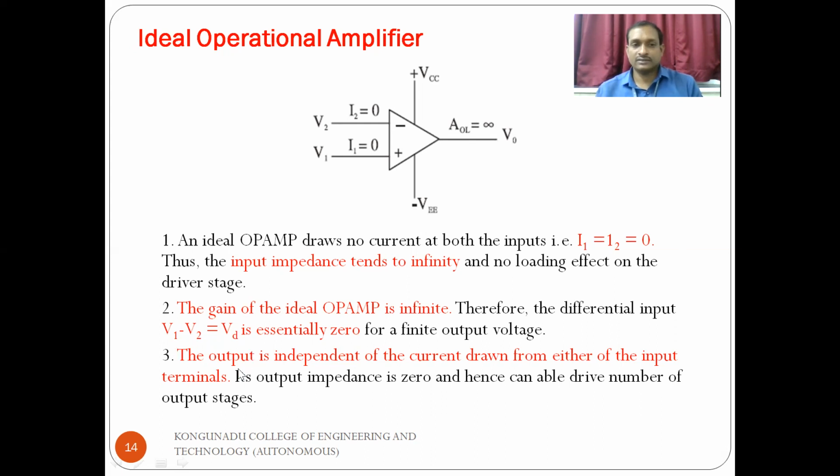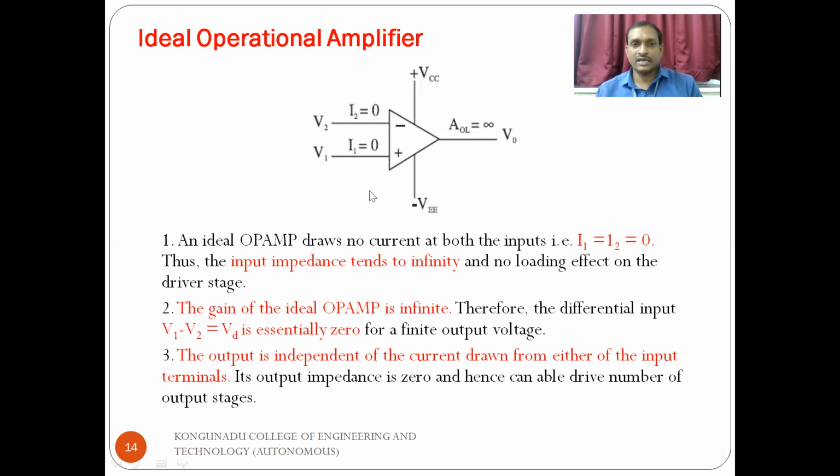The third point is the output is independent of the current drawn from either of the input terminals. Finally, the output V0 is independent of the current drawn from the input terminals. Its output impedance is 0 and the input impedance is infinity. Hence, it is able to drive a number of output stages.